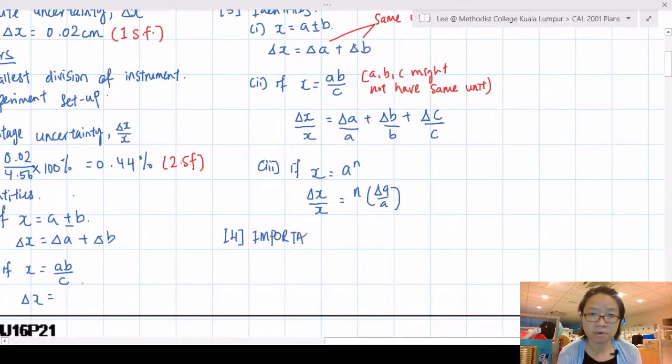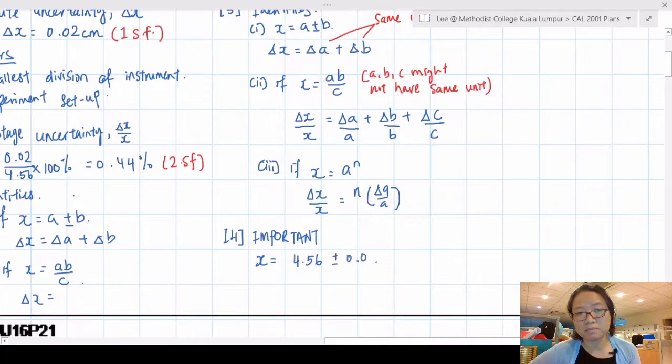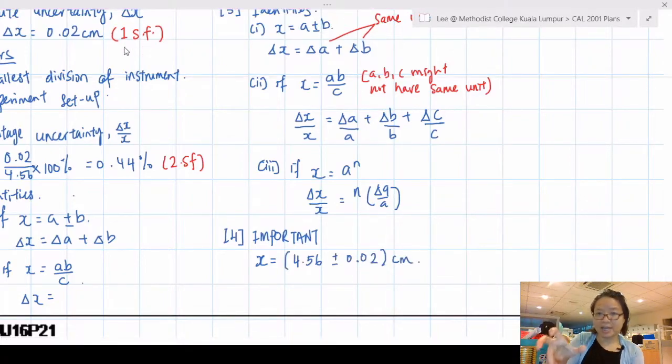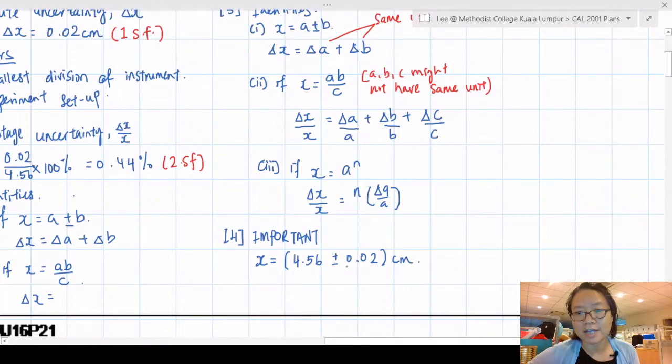Okay, and this is very important. When you write your final answer, we care about this. Normally you already spend a lot of time doing some calculation and then you lose that mark because of this. It's a bit painful. So we'll go back to the example that I gave you just now, 4.56 plus minus 0.02. So normally we'll bracket and put cm at the back as units. Okay, same thing with prefix.